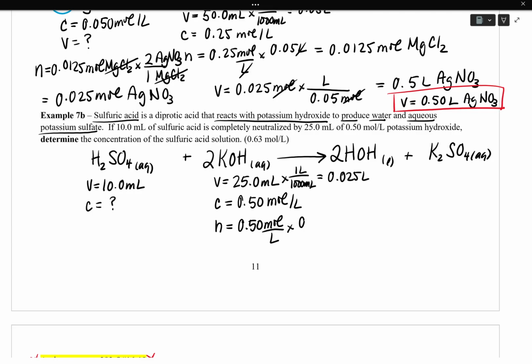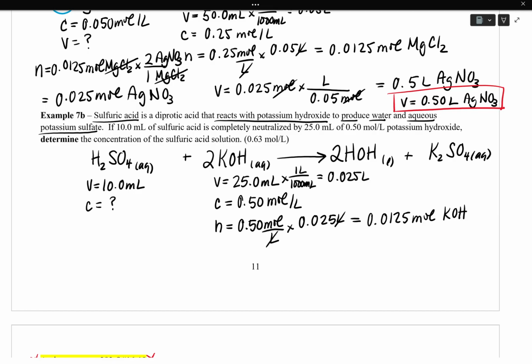So multiply the concentration by 0.025 liters. And we have 0.0125 moles of potassium hydroxide.